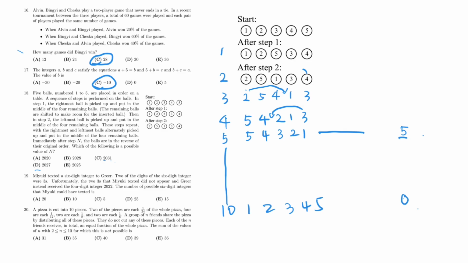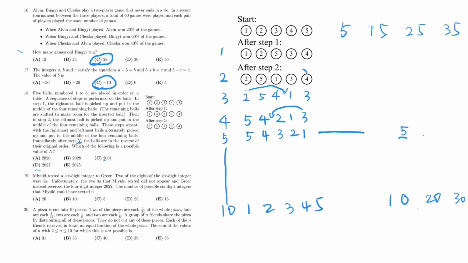That means the reverse is at 5, 15, 25, and 35. All the numbers ending with 5 are the reverse ones. The same order must end with 0, that's 10, 20, 30. The question is, which of the following is a possible value of N? N is a reverse.